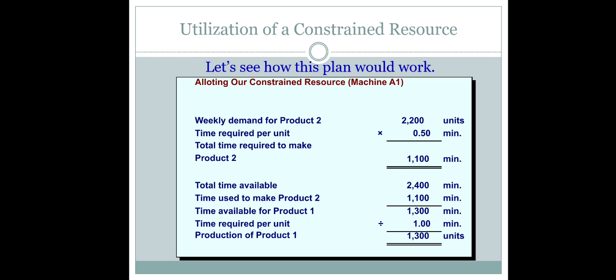How many product 1 can be produced using the 1,300 minutes left? The answer is 1,300 units of product 1, because product 1 needs 1 machine minute for every unit of product 1.